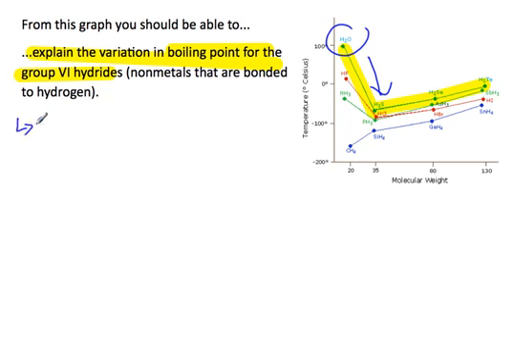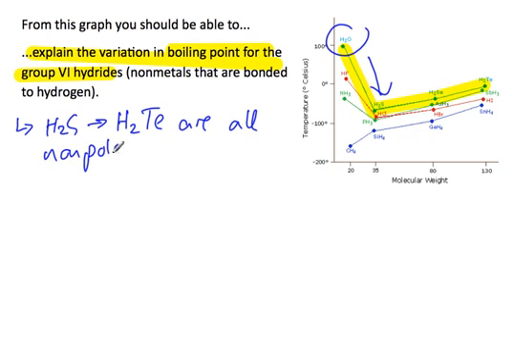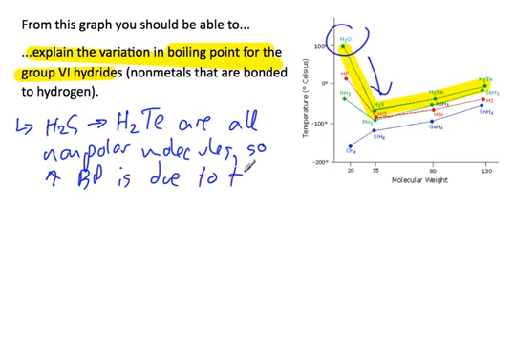First of all, if you look at those molecules, H2S through to hydrogen telluride, they're all nonpolar molecules. And so the increase in boiling point is the same as what we just talked about. It's due to the increase in weak LDFs, London dispersion forces. Since they're nonpolar, that's the only intermolecular force present.